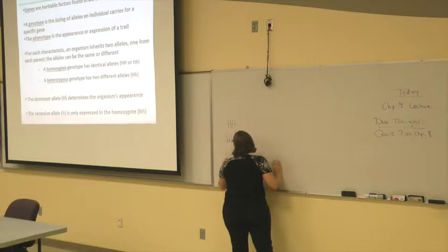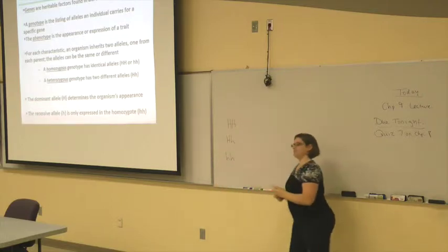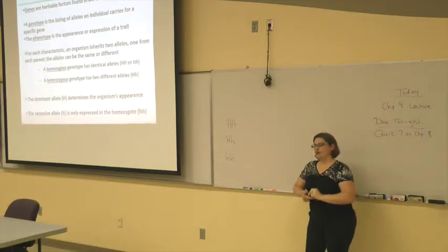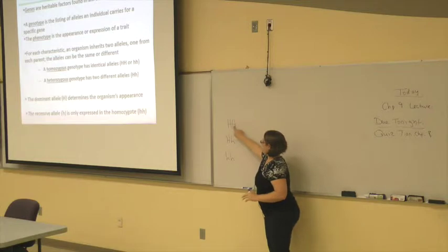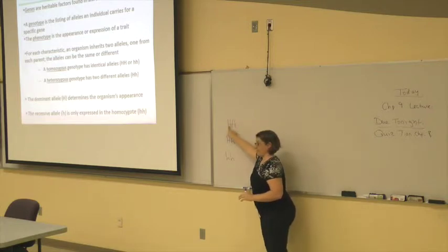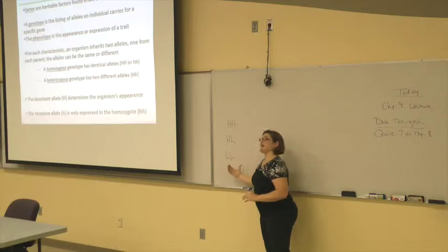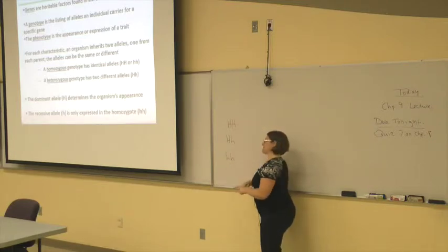And a genotype could also look like this. A genotype is simply the listing of alleles for a trait. This is an allele, and this is an allele. Each of these letters symbolizes an allele for a certain trait.